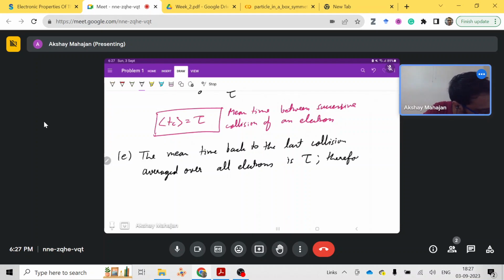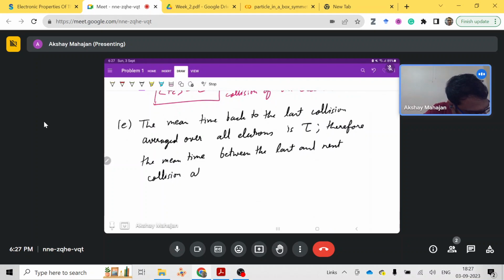Therefore, the mean time between the last and next collision, averaged over all electrons, is 2 tau.